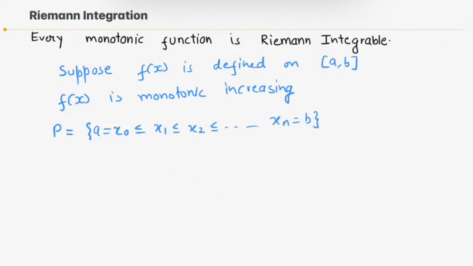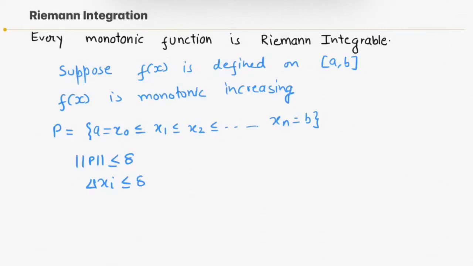Okay, and the norm of this partition is less than delta. Okay, so norm of P is less than delta. That means the length of each subinterval will be less than this delta. Hence delta xi will be less than or equal to delta.